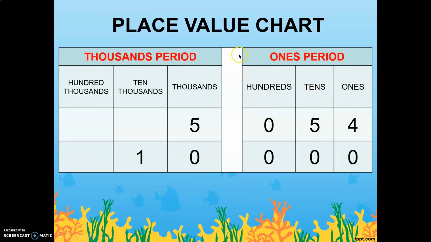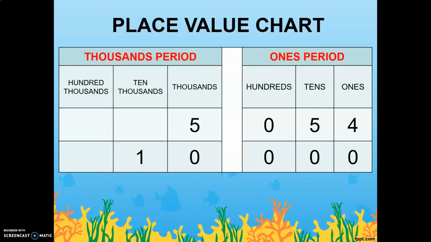It is separated by a space. The next period is called the thousands period. It starts with the thousands place, 10,000s place, and 100,000s place.